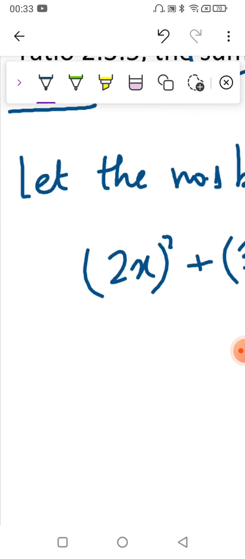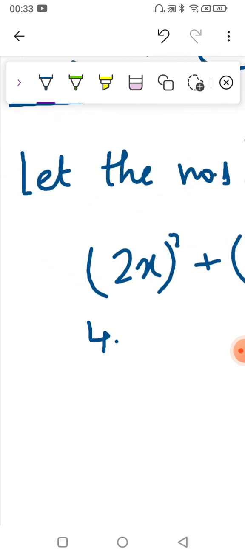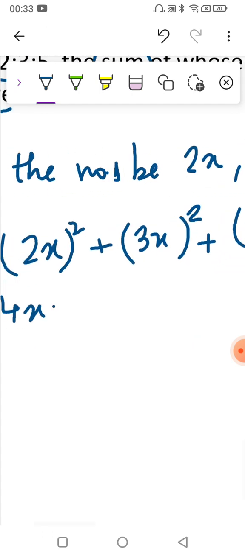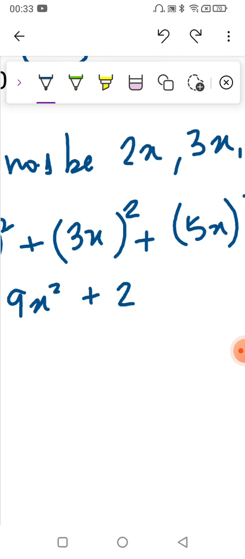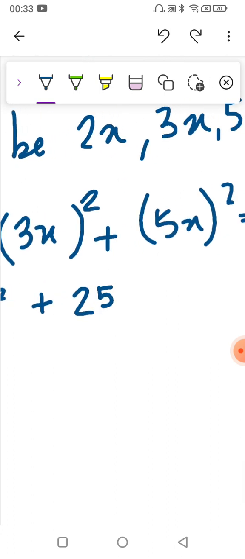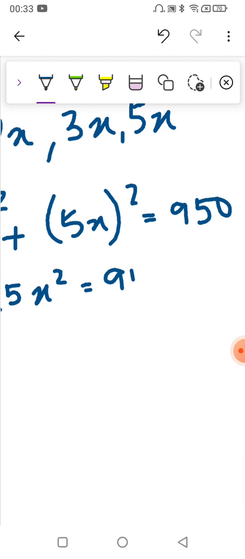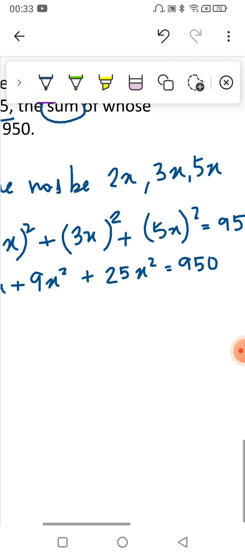Because these are all whole squares, (2x) square will be actually 4x square because 2 into 2 is 4, plus 3 into 3 is 9x square, plus 5 into 5 is 25x square, is equal to 950. Now we will add all these numbers.